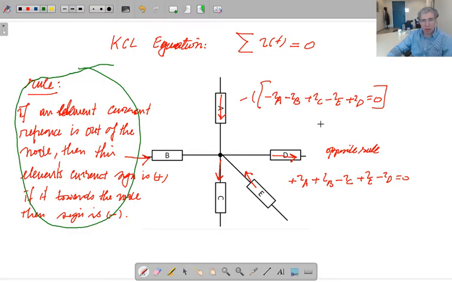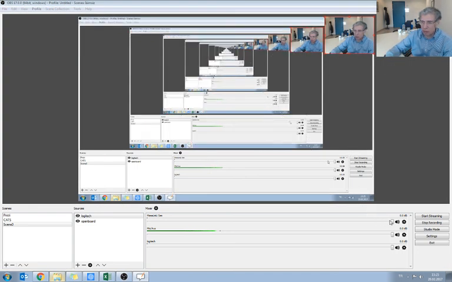There are 5 elements here, so the number of terms in our equation is going to be 5. If it is 6 or 4, that means there is something missing or some additional terms came in. So we have to pay attention to that. That is how we write the Kirchhoff current law equation, an explanation for you. So stop.